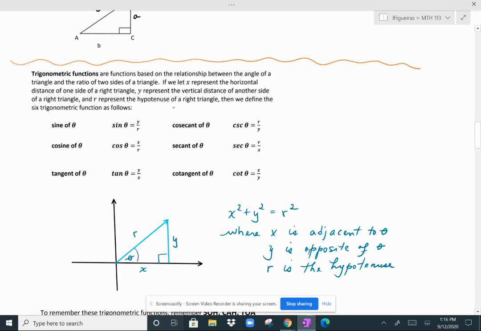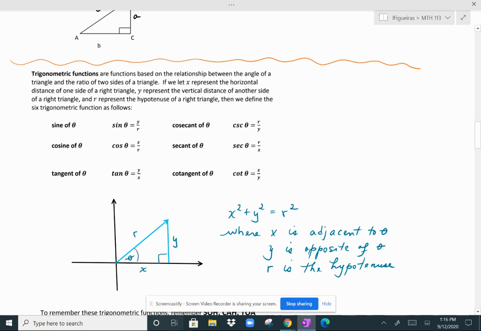So the first one is cosecant of theta. Cosecant is hypotenuse r over y. Notice that sine and cosecant are reciprocals of each other. So if sine is y over r, cosecant is r over y. You just flip these two.